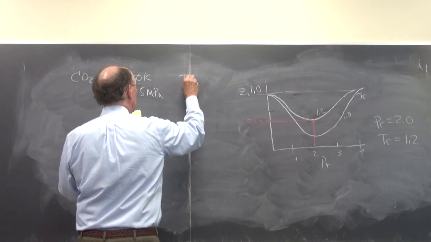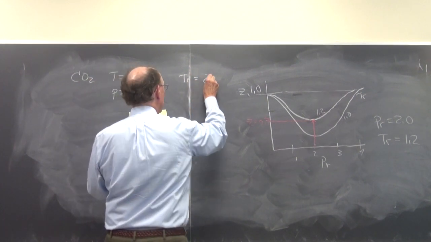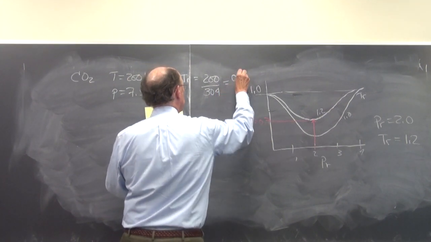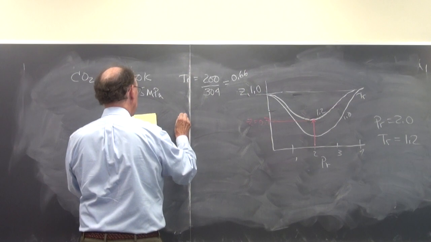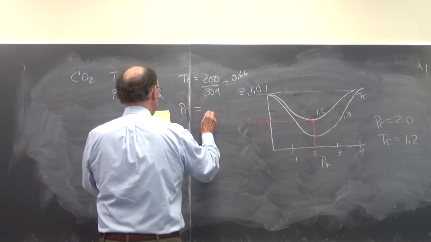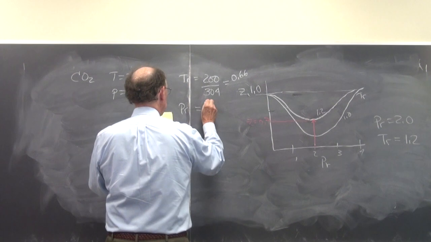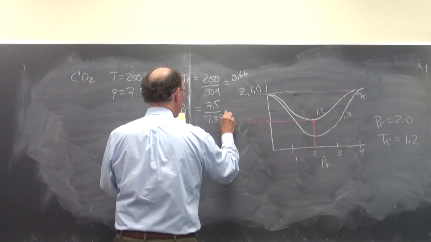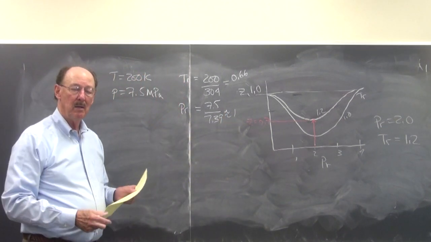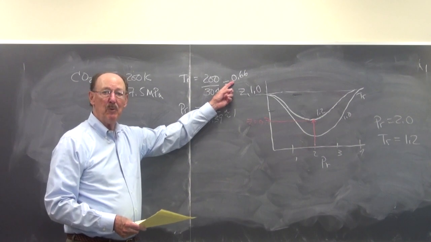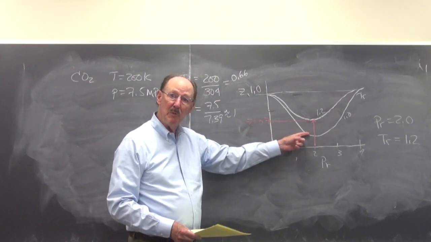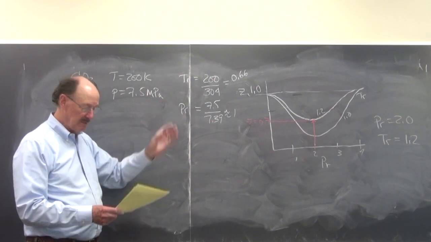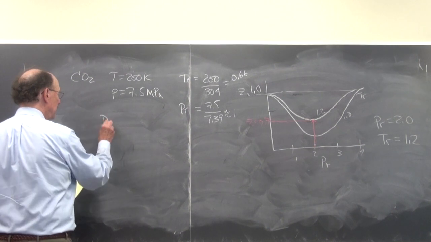T sub R is equal to 200 over 304, which is equal to 0.66, and P sub R is equal to 7.5 over 7.39. It's about 1. Is there a value for T sub R of 0.66? No. The lowest it goes is 1.0. So this shows that at this condition, carbon dioxide is not a gas. It does not exist.